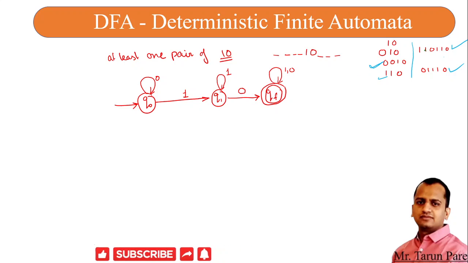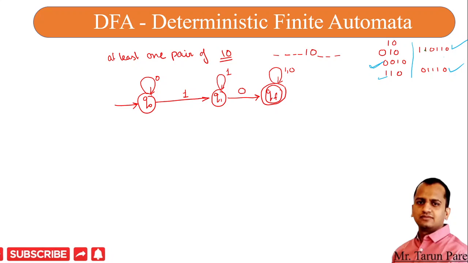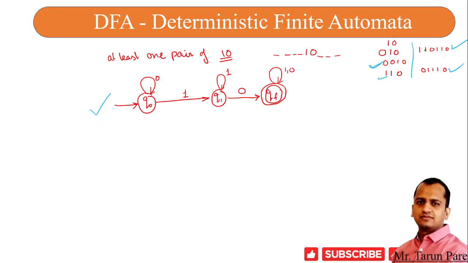Fine. Now let's check for 010. Here we have given 0 1 0, yes, this is also accepted by the automata which we have drawn.